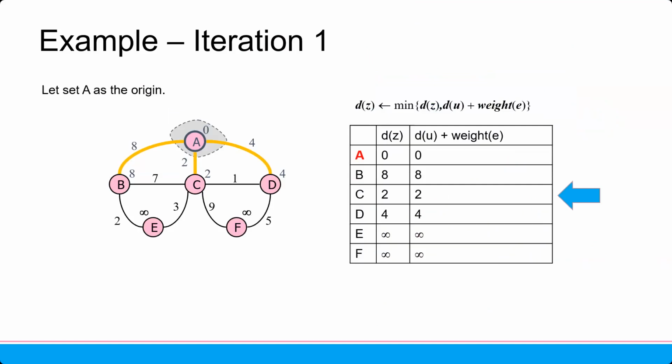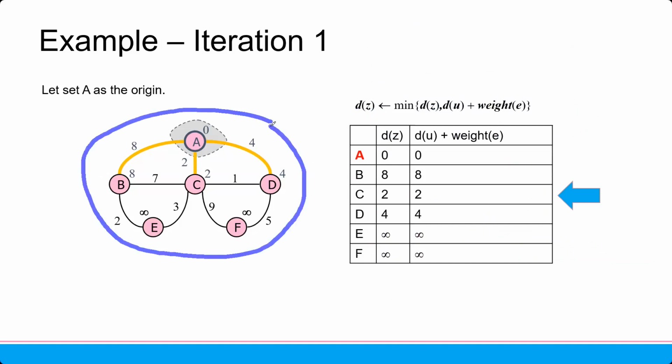Now let's look at the example. I have this kind of graph. This graph starts from A, and we have B, C, D, E, F, and we want to set A as the origin.